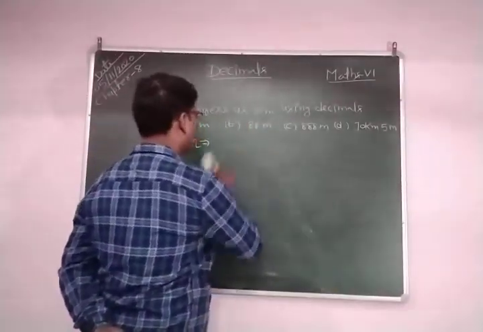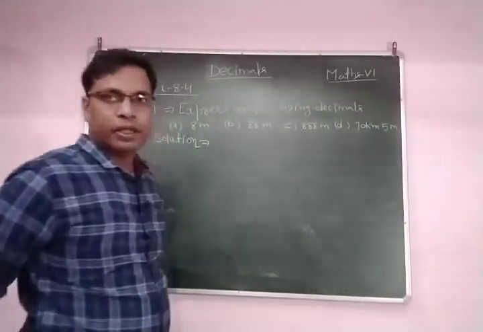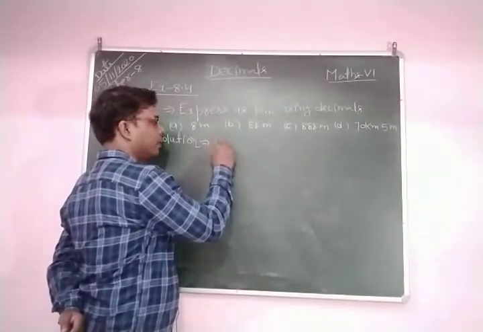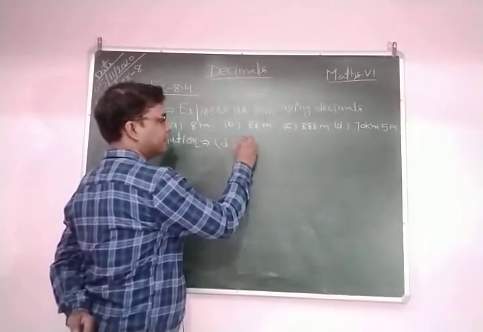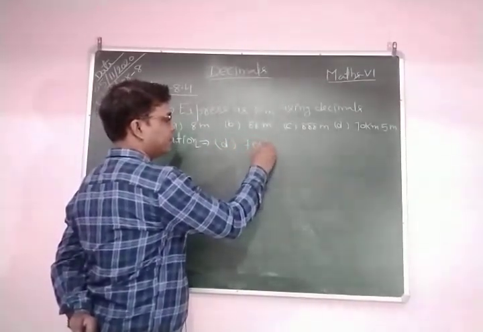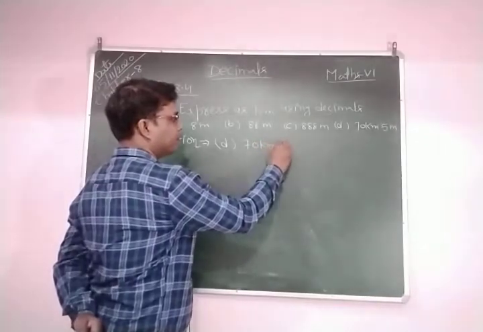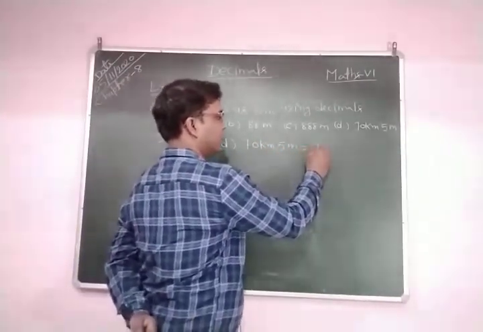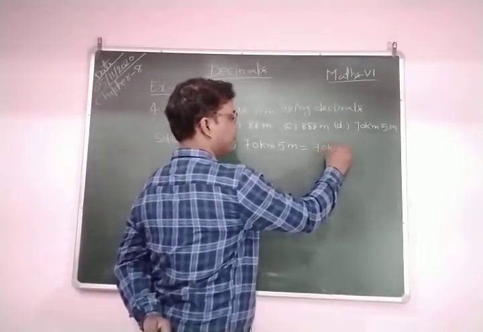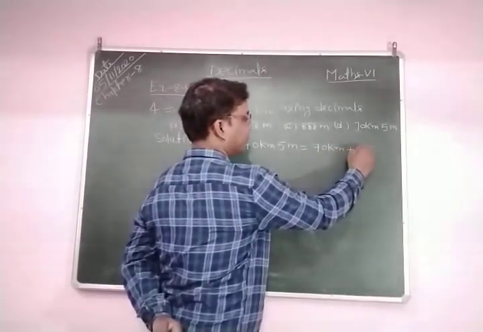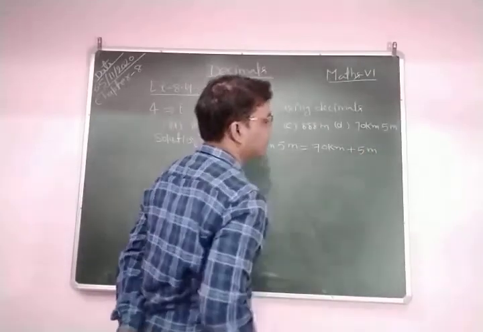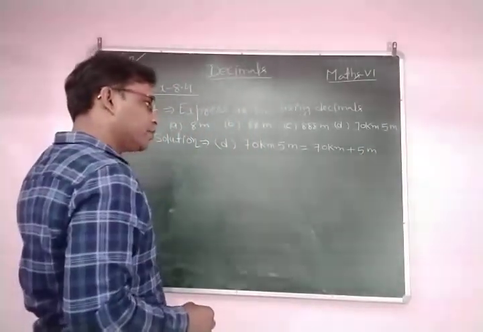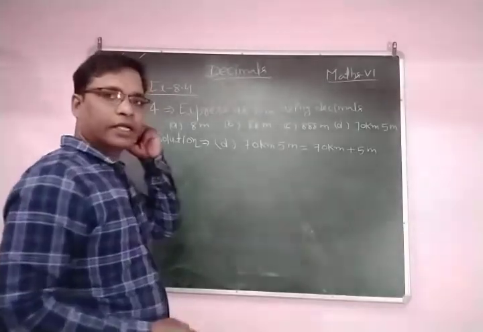First you write D part here: 70 kilometer 5 meters is equal to 70 kilometer plus 5 meters. Clear? So 70 kilometers we write as it is, but you need to convert 5 meters into kilometers.